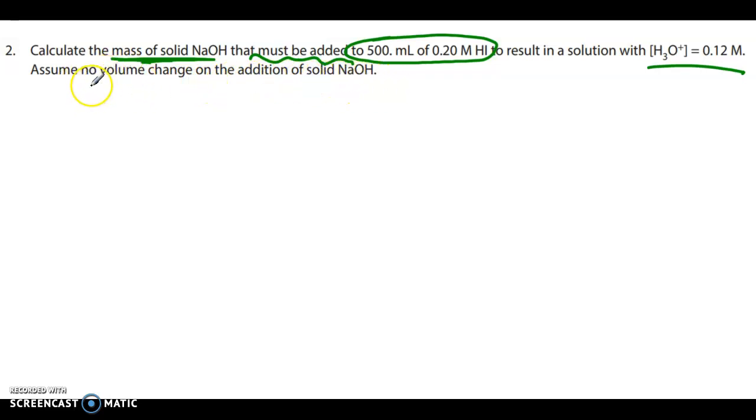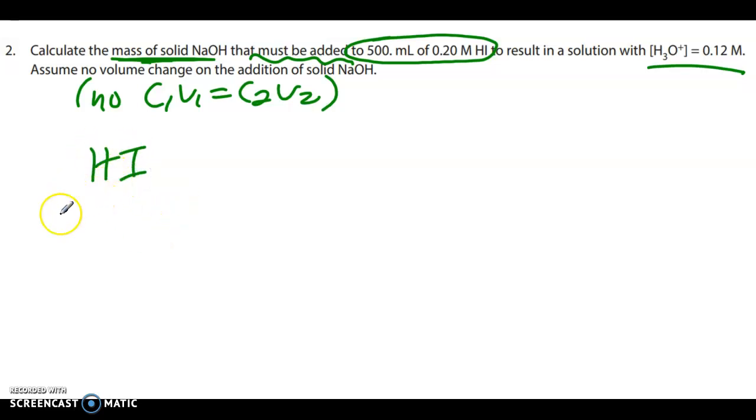We don't have to deal with dilution, no C1V1, C2V2 business going on. So essentially, we're trying to work our way backwards. We have the HI concentration of 0.20 moles per liter, and we have 500 mL.